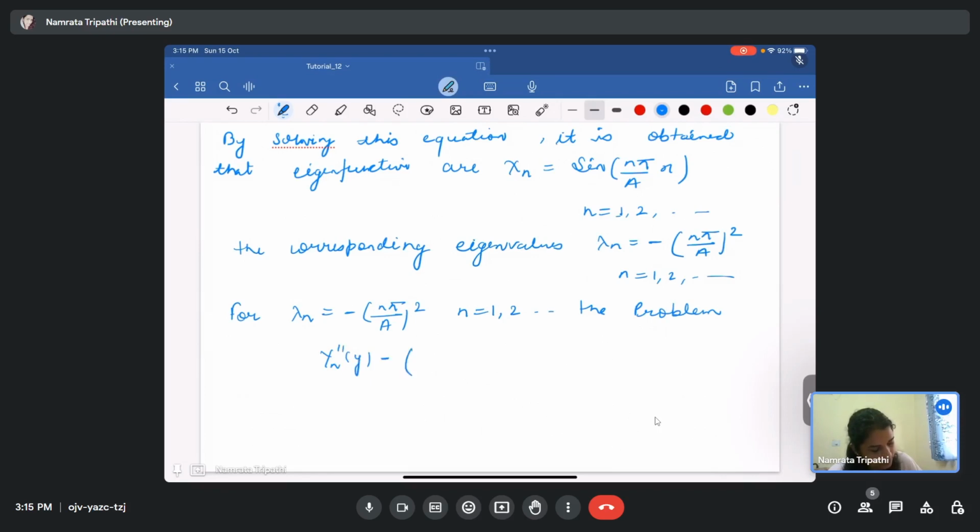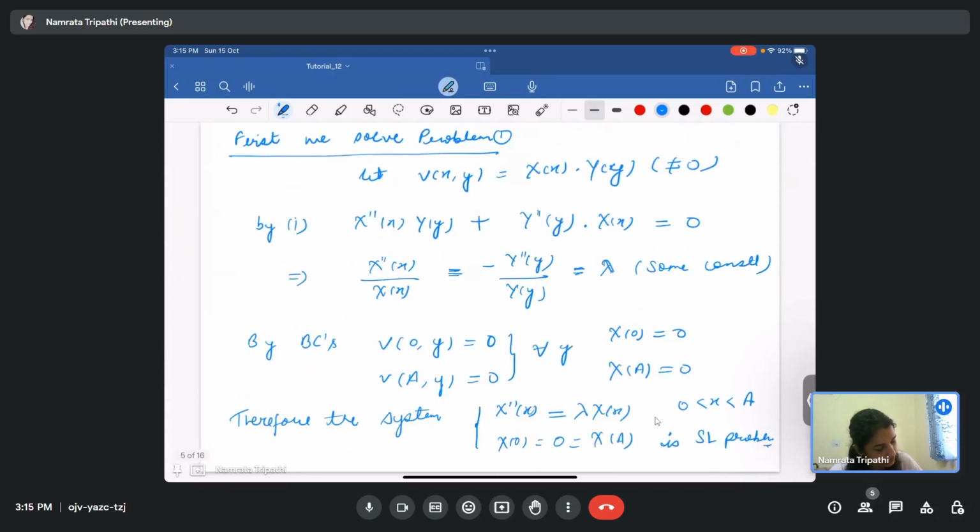I am substituting the value of lambda here, so that we can solve for y_n also. Fine.